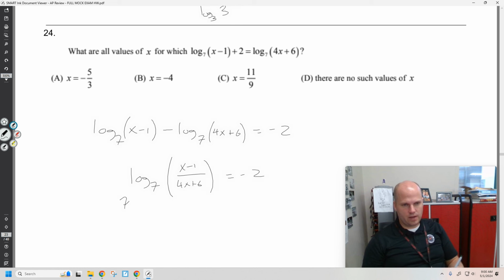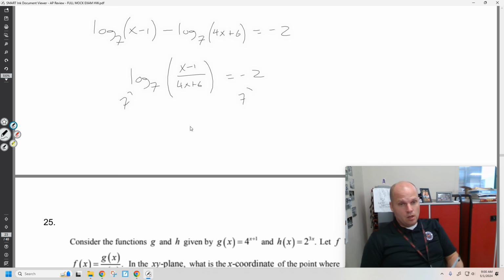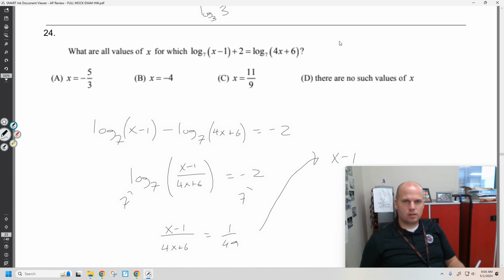I'm going to take 7 to the power of both sides. 7 to the -2nd is not nice. It's 1/49. Ugh. I'm going to multiply both sides by 4x plus 6.